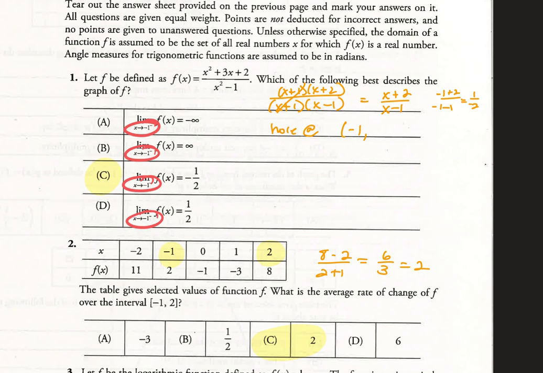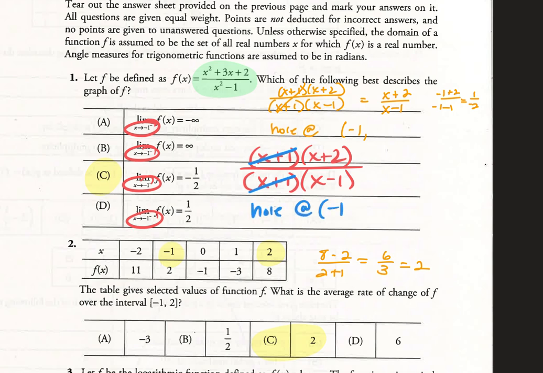But these are all values, and they are all specifically about one value of x. If you took your function at the beginning and factored it, x plus 1, x plus 2, over x plus 1, x minus 1, then you eliminate x plus 1, and all the x plus 1s are gone, which means there's a hole at negative 1.